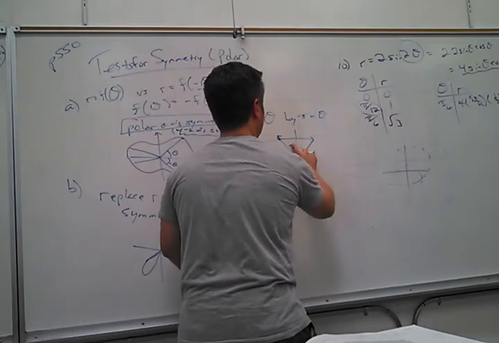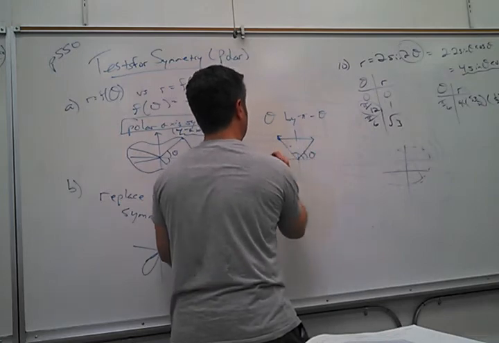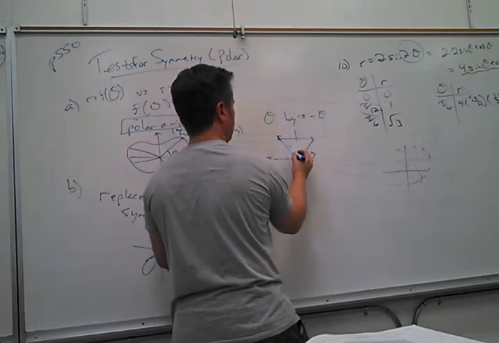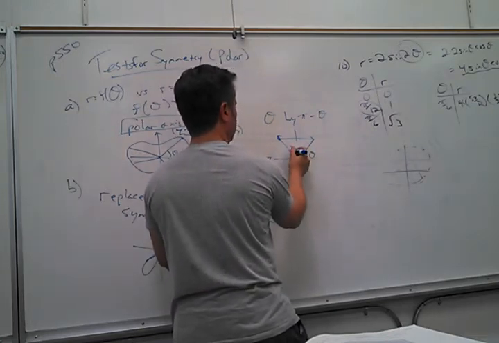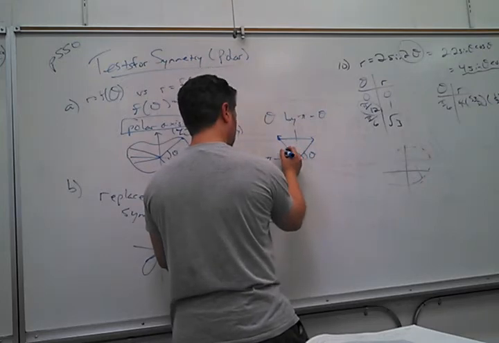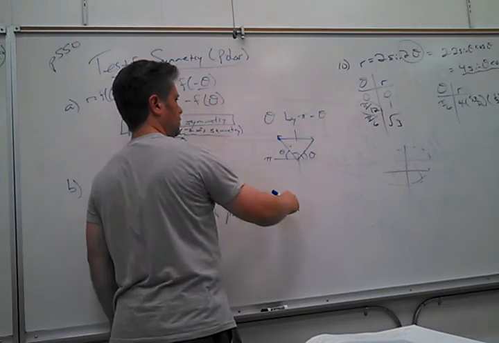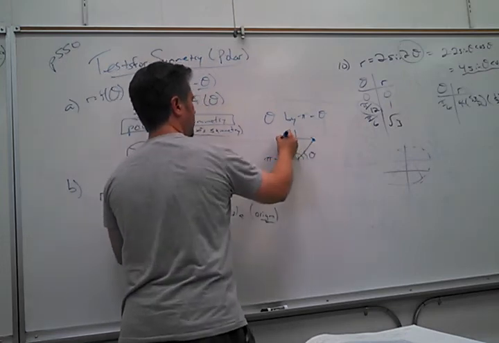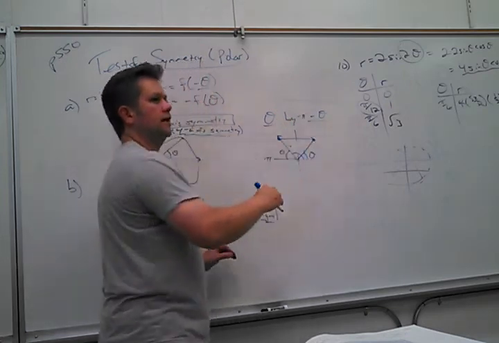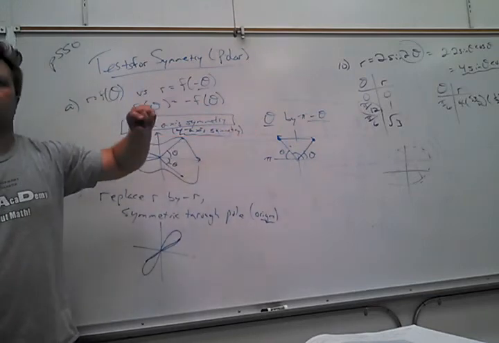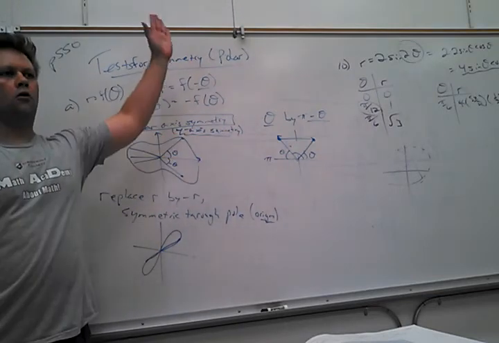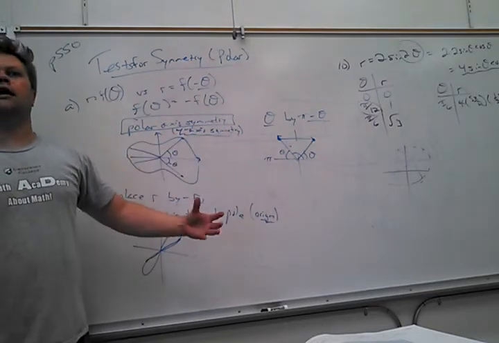Here's pi, so pi minus theta would be all the way out to here. Here's theta, so pi minus theta would get you here. So if you're symmetric like this, if you replace theta by pi minus theta and it stays the same, then that's the kind of symmetry you have. You have what I would call y-axis symmetry in rectangular coordinates.